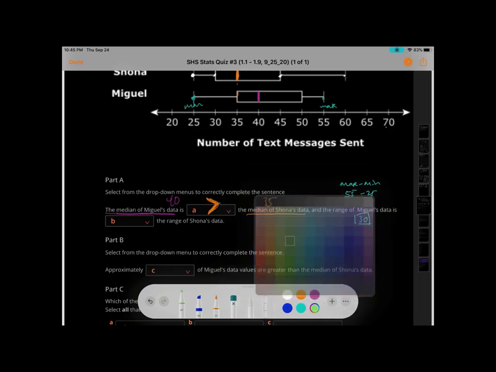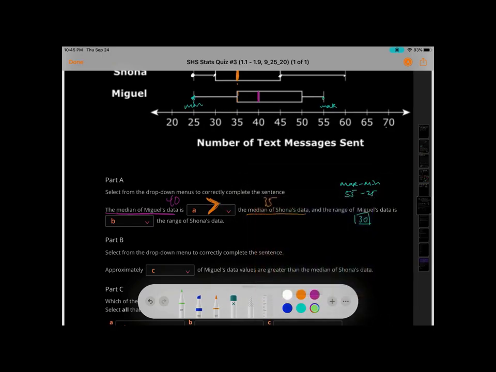And Shona's range is 25 for her minimum, and up here is her maximum, which is 60. So 60 minus 25 is going to give us 35. So what inequality would you write there? Miguel's data is smaller than or less than.